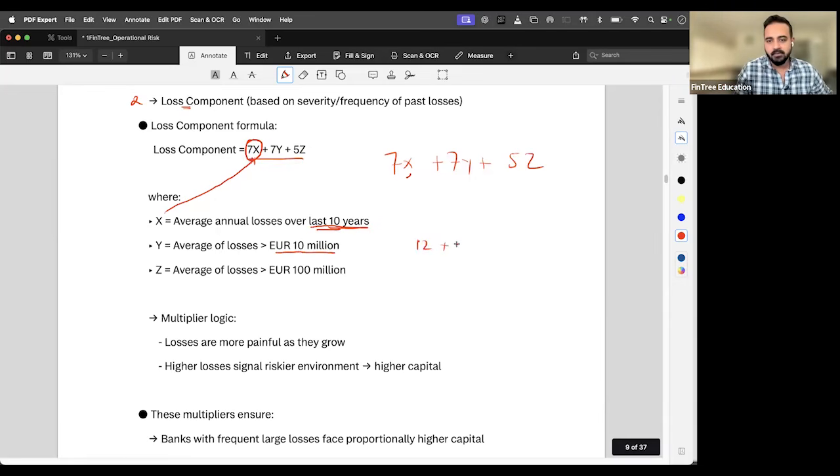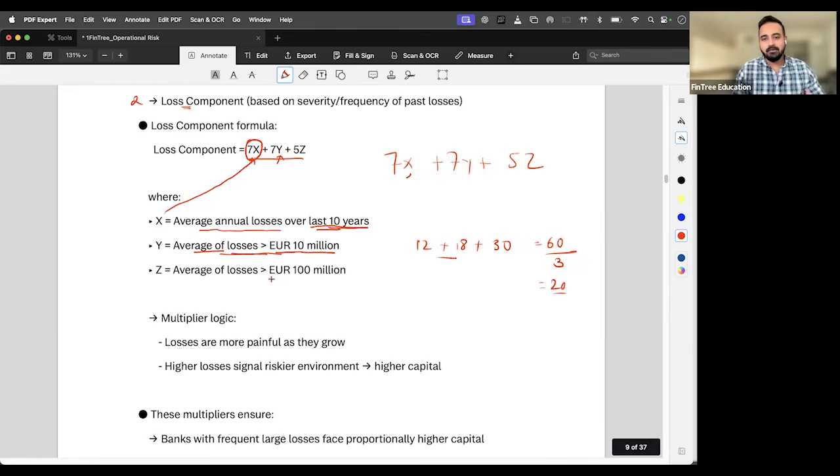One was 12, one was 18, and another one was, I don't know, 30. So I take a total of 60 over 3 instances, so the average becomes 20. Then that 20 will also be added as a multiplier here, which means it's kind of double counting. It's counting these losses in the x section also, but large losses are double counted under the y section also.